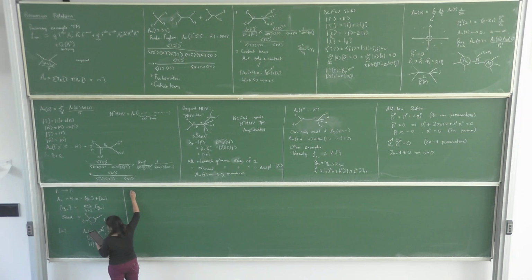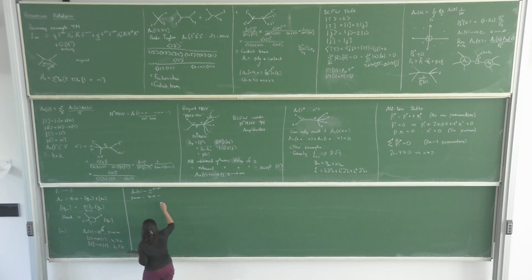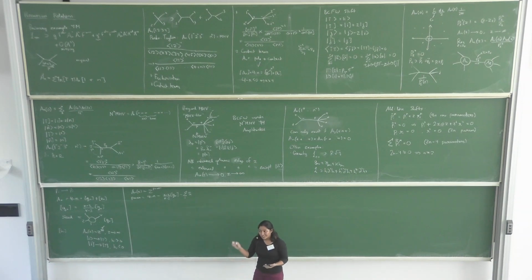So what that means finally is that if A_n of z goes as z to the power something, then that power is 4 minus n minus (n minus 2) over (V minus 2) times G_V minus a sum over the spins. So this is rarely a negative number in theories that you'll be interested in.